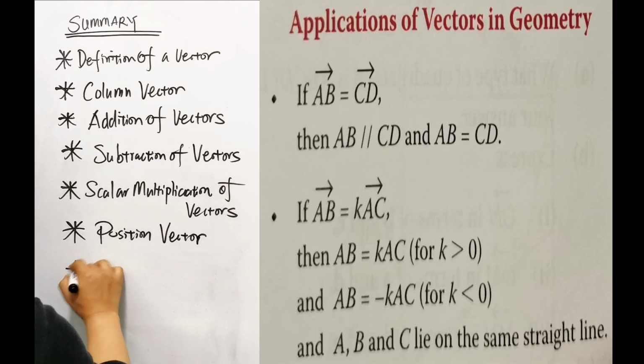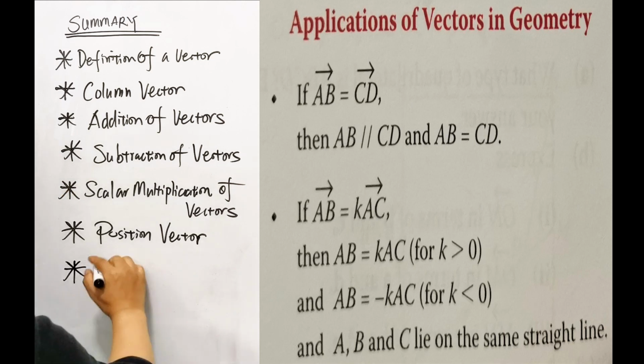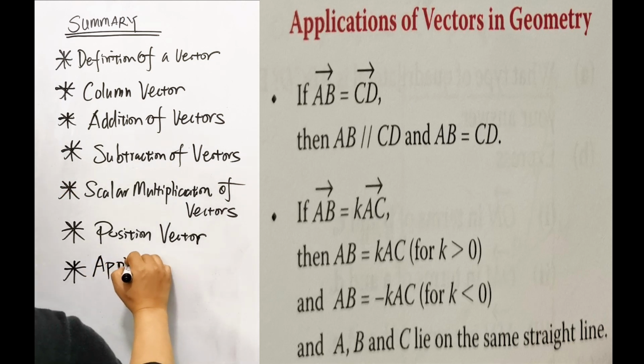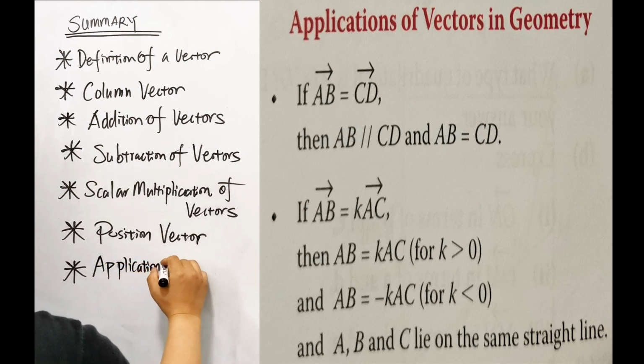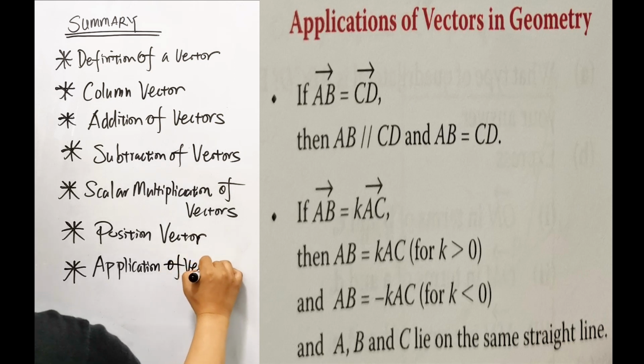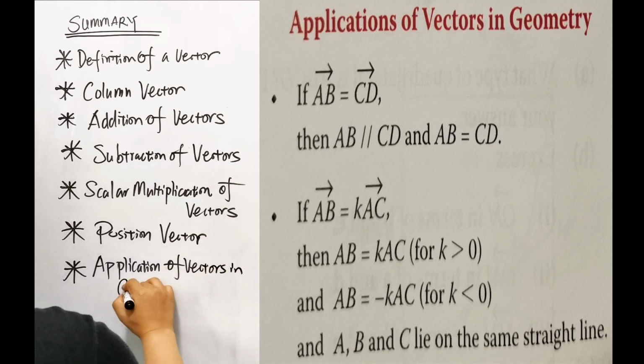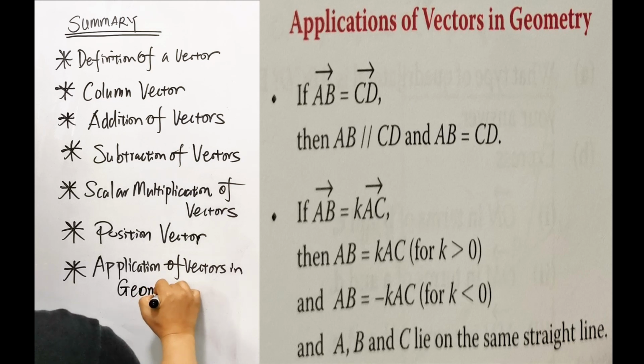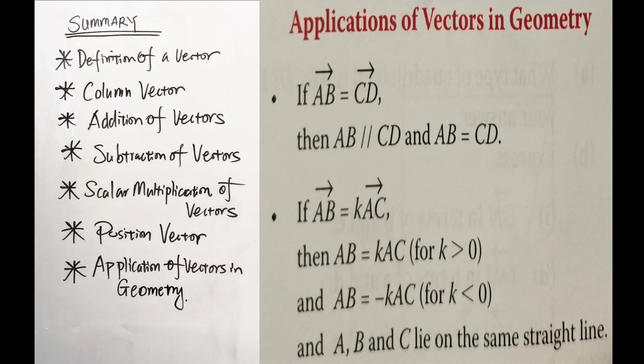The next one, what do we talk about? The last one we talk about is the application of vectors in geometry. We learn those geometries, and a very important concept is this.